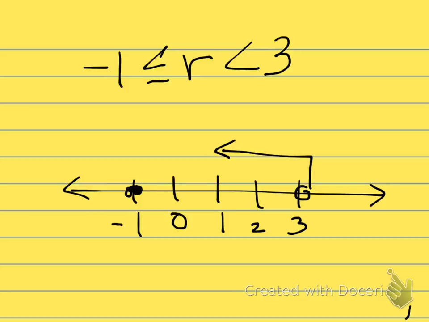And that reads, if you're reading from the variable, r is greater than or equal to negative 1. So that would go towards the right. And like I said before, again with and inequalities, inequalities that are written like this or are separated with the word and, you're always going to have the lines overlapping each other. So they're going to intersect, as you can see here on the number line.